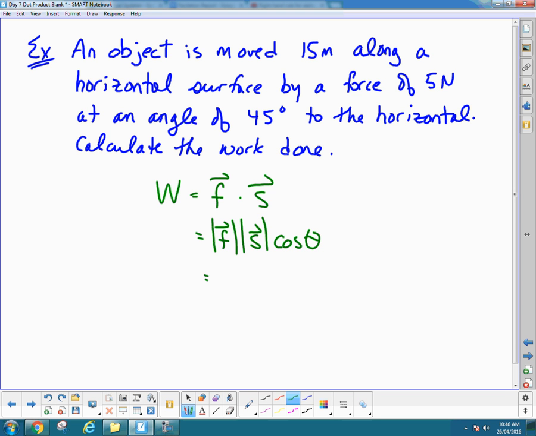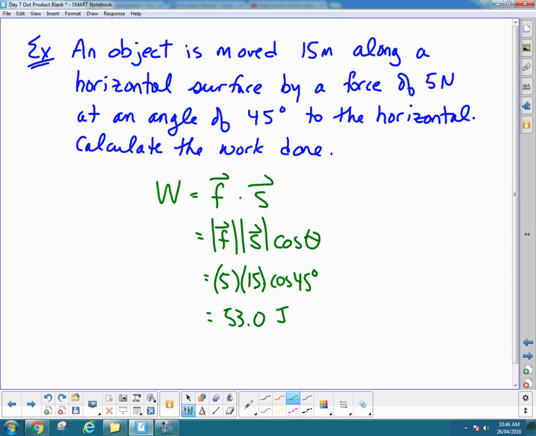F is the amount of force, so in this case it's 5 newtons. How far we're moving it is 15 meters. And the angle between them is 45 degrees. If we multiply, I do the cosine of 45 first, multiply it by 15, multiply it by 5, and we get about 53.0 joules.